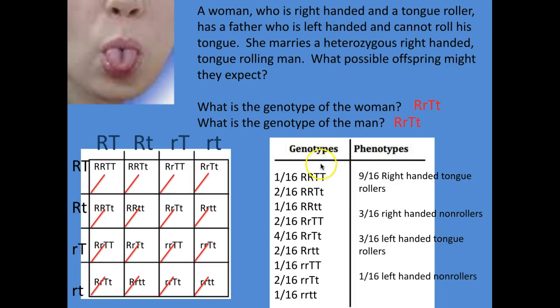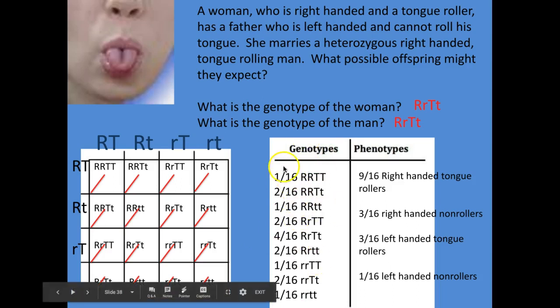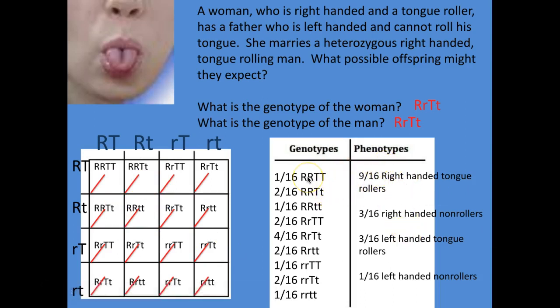If you have any question about how we got these genotypes, we just counted them from this dihybrid Punnett square, and then we turn those into phenotypes. So anything with one dominant allele is going to be right-handed and tongue roller. And the only way it's going to be left-handed and non-tongue roller is if it is homozygous recessive for one of those, okay, or both.